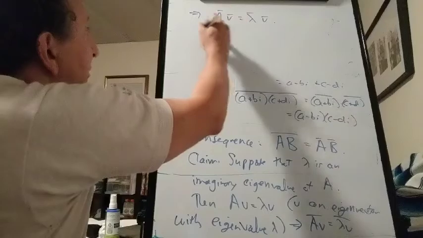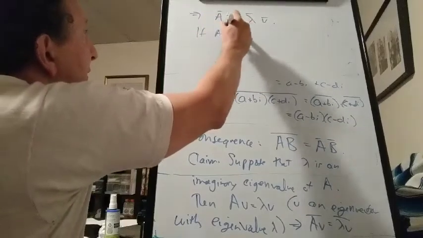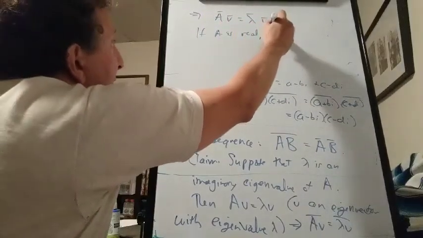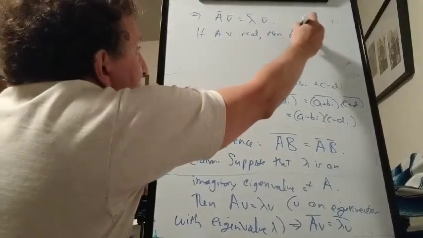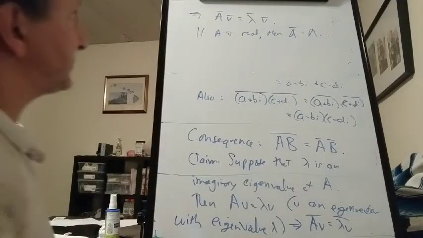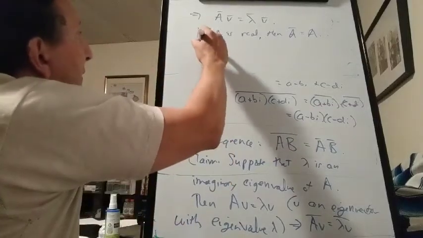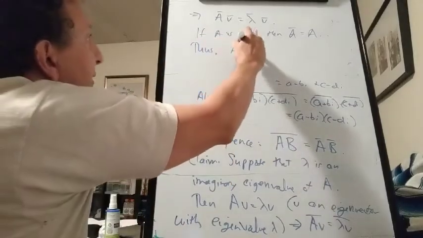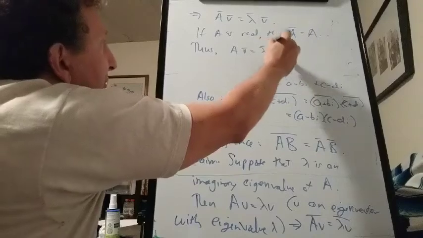Now, if A is real, then conjugating a real number doesn't do anything. So A bar is just A. So that means that A V bar equals lambda bar V bar.